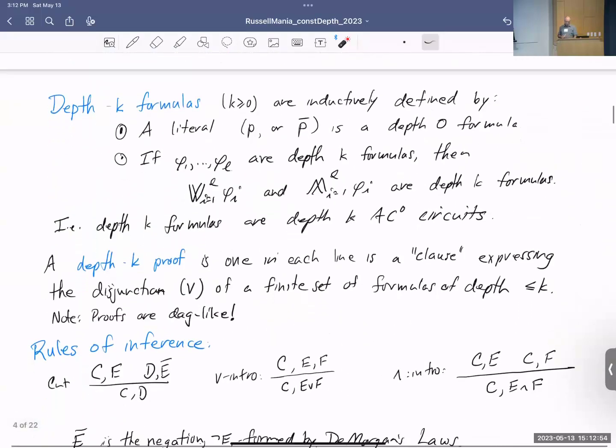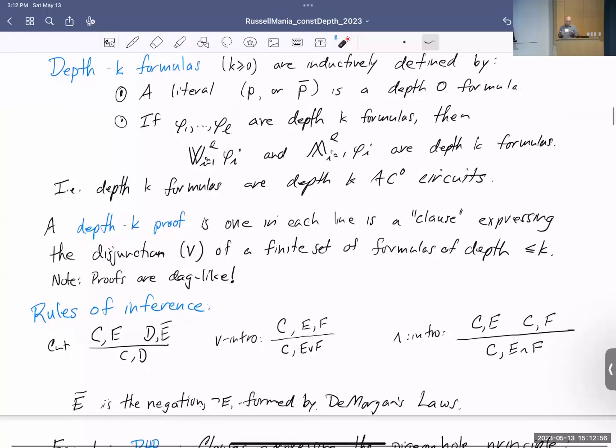So we can now extend this to depth K formulas, and this will take us up to essentially what's known as AC0 Frege. I think Tony talked about this, right? So depth K formulas are inductively defined by starting with literals as depth 0 formulas, and then forming, if you take a disjunction of depth K formulas or a conjunction of depth K formulas, you get a depth K plus 1 formula.